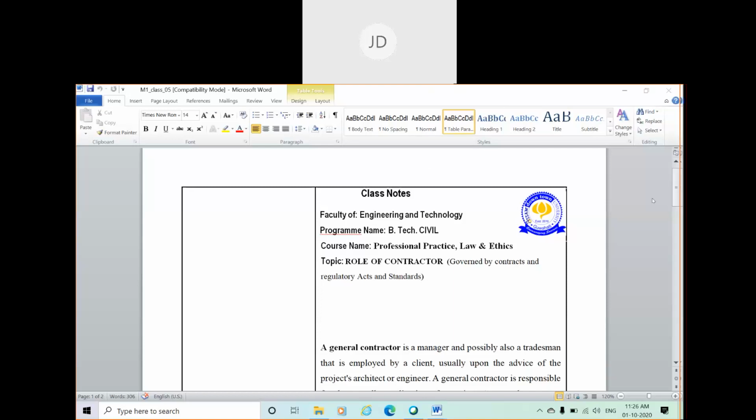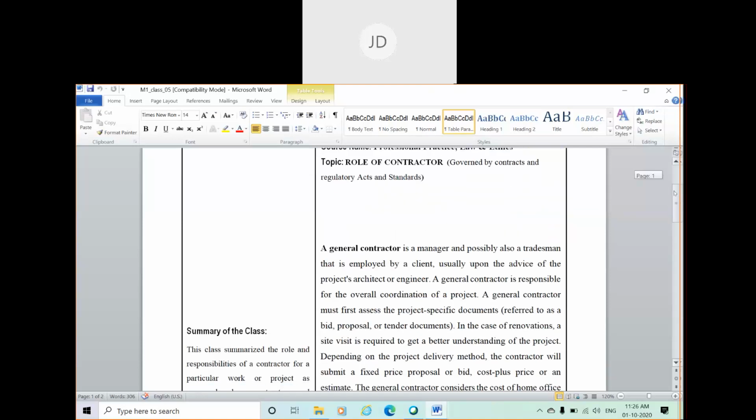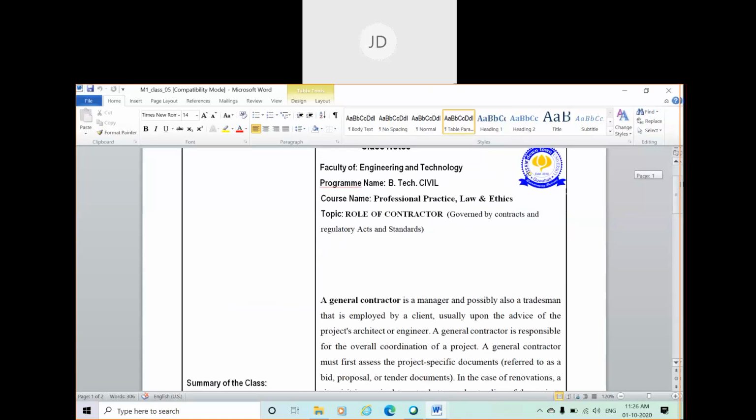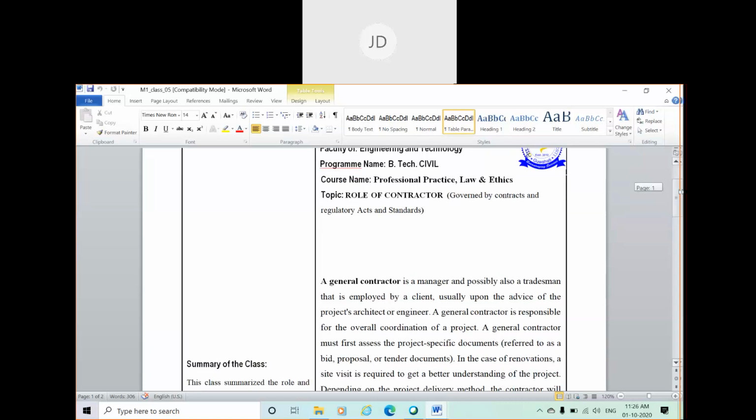So the topic name is role of contractor. Before that, let's discuss what we mean by contractor. In general, I'm not talking specifically about engineering. A general contractor is a manager or possibly also a tradesman that is employed by a client.